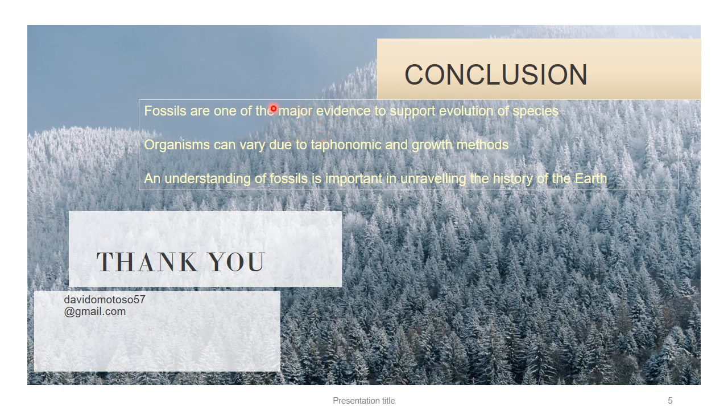Apart from the fact that organisms do vary due to their individual characteristics, the burial process and the way and method in which they grow also lead to variation, and an understanding of the fossil record as well as how they change from one rock to another is very useful in interpretation of the history of the earth.